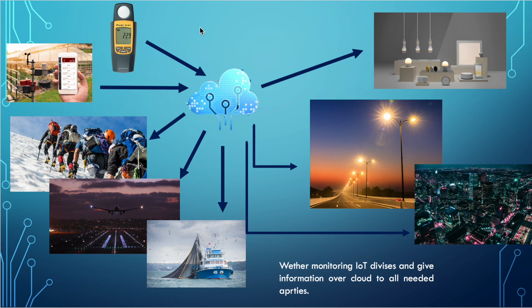There will be thousands of applications. Farmers can use this data. Different industries that rely on the temperature or the lighting can use this. For example, solar power plants can use data from these devices to see how much energy they can produce at a given time.